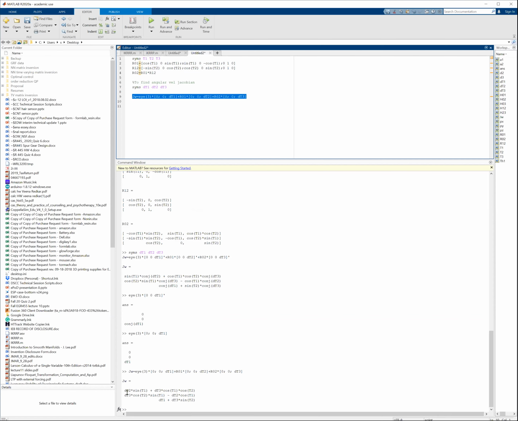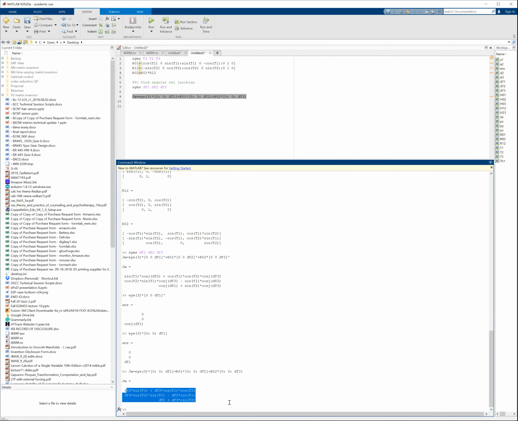So this is my Jacobian, and I'm going to switch back to the white screen.